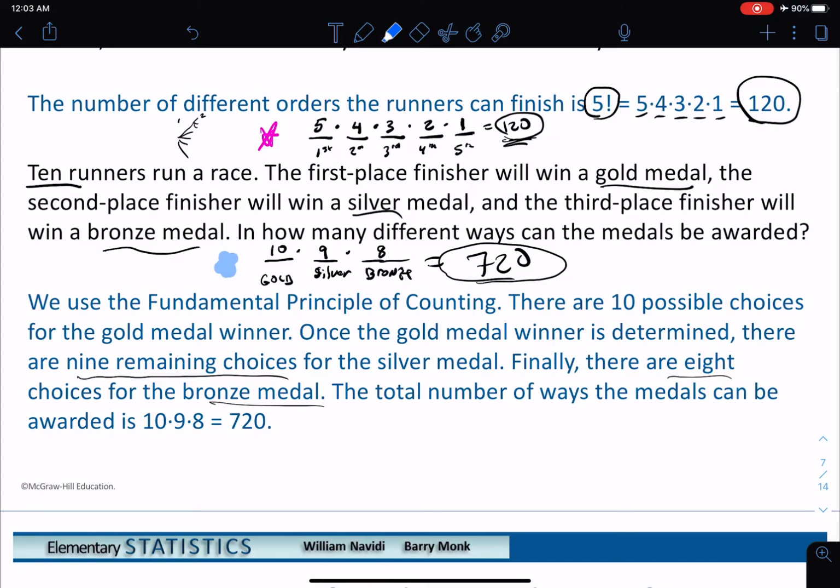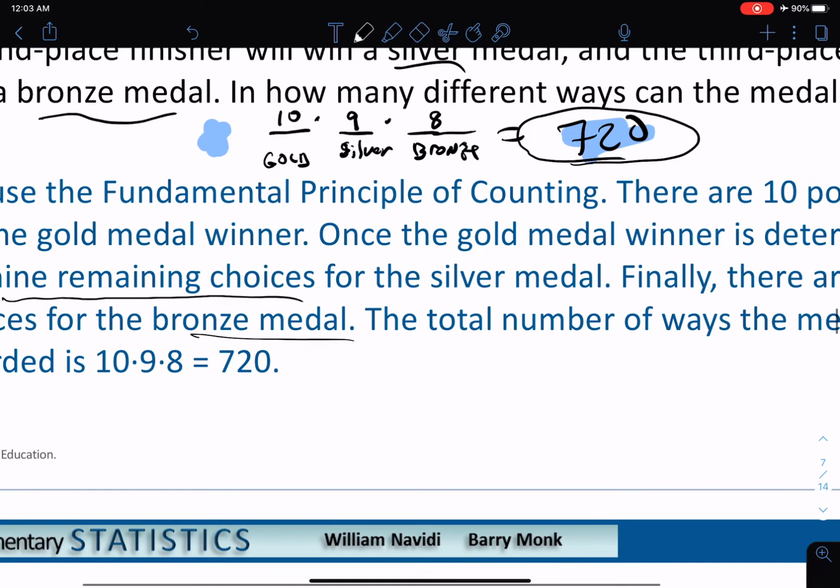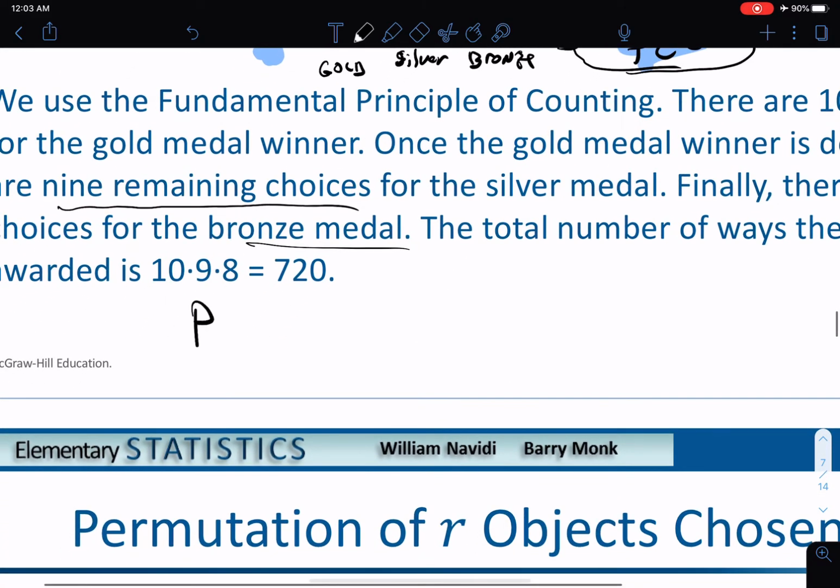Multiply it, we get our total of 720. We have a formal way of doing that, and that would be by using our formula for permutations. So this would be called a permutation of 10 choose 3. So what does the formula say?